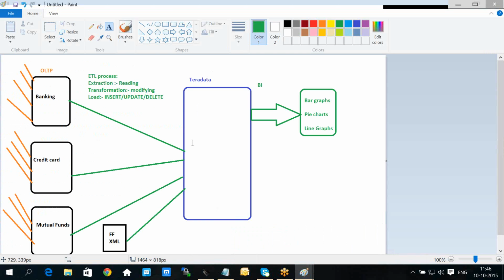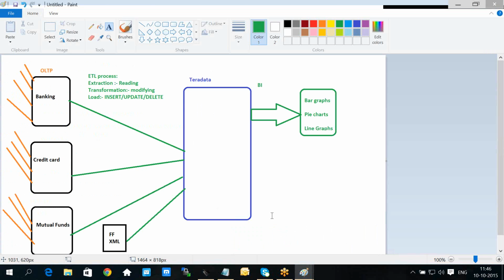There is no time consuming process, and we will enable the data warehouse to store the historical data, so that disadvantage is also overcome. Since OLTP has all of these disadvantages, we are building a data warehouse, which can be used only for analysis of the data.